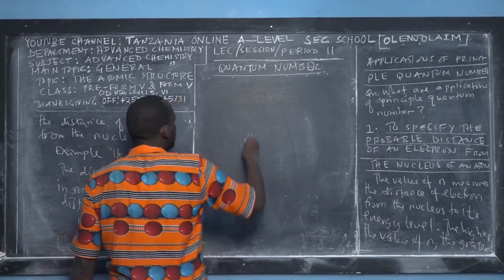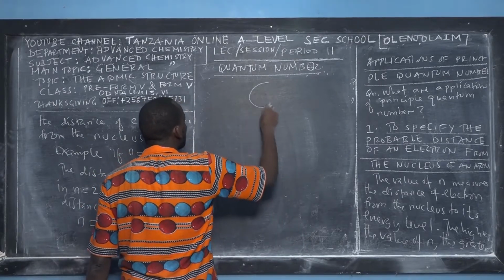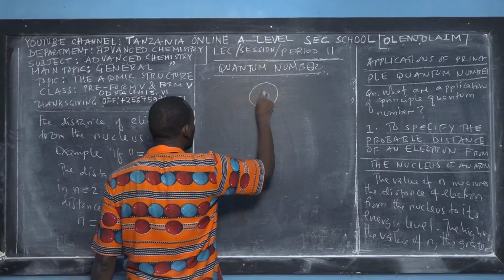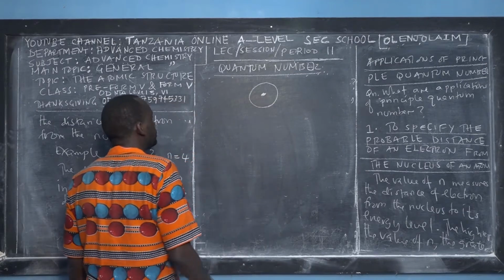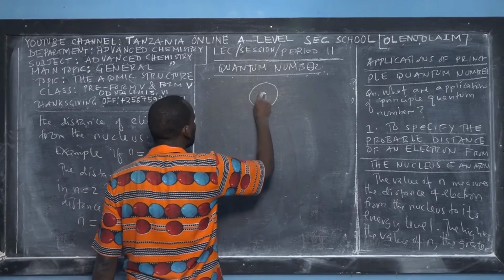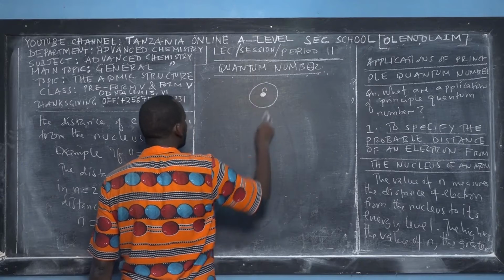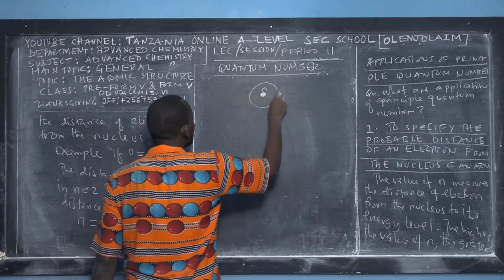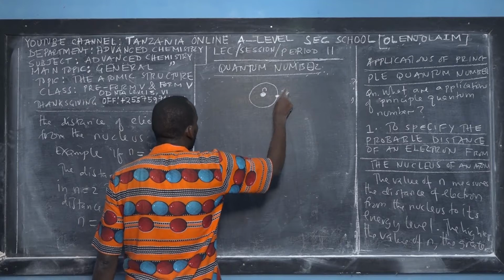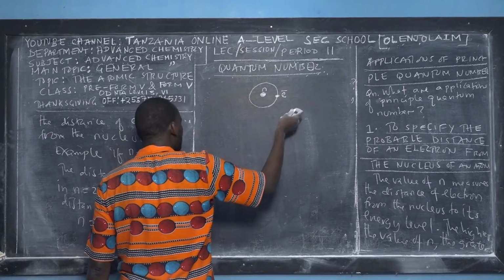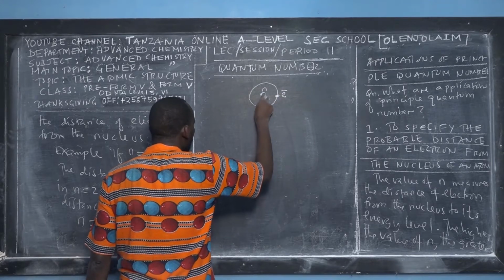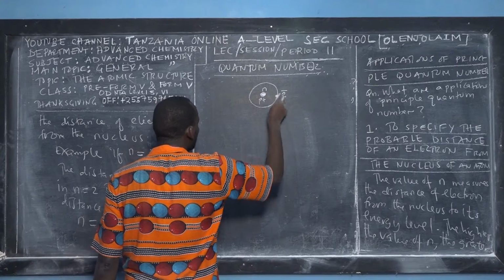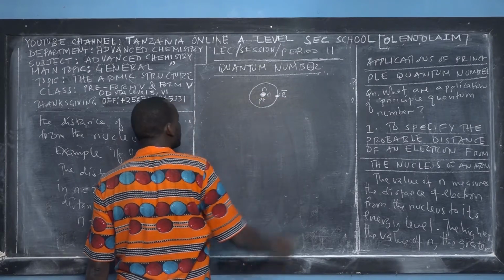What does it mean? Listen. Suppose that you have fundamental knowledge of the electron. This is the nucleus of an atom, and this is an electron. Here we have protons as a positive charge, this is a negative charge, and we also have neutrons.